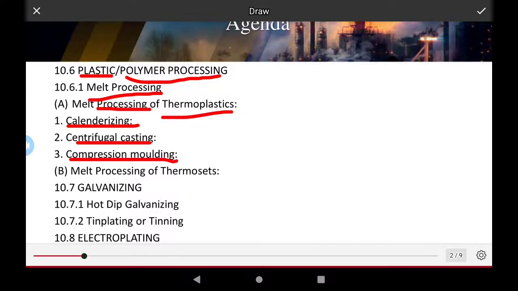Compression molding is also used in the casting procedure. We also cover melt processing of thermosets, galvanization, hot dip galvanizing, and electroplating operations.